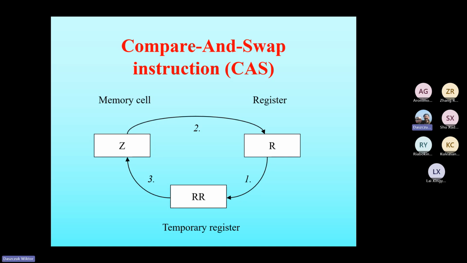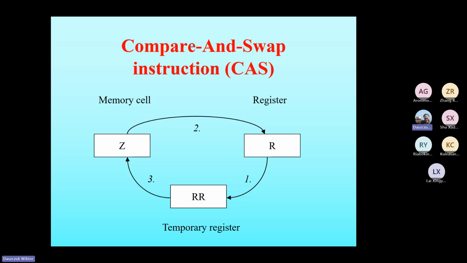Here you have the property of this register, which is not accessible to the programmer. It is a hidden register in the processor. Then the memory cell value is moved to the register, it's number 2, and then the temporary register is stored to the memory location.